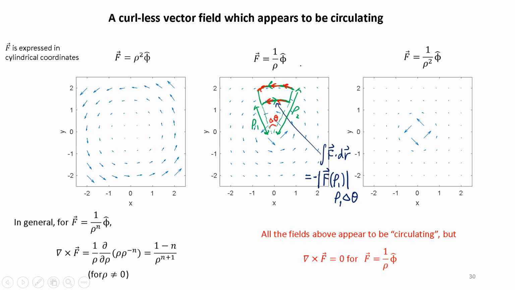Similarly, if I consider the integral of F dot dr for this bigger arc, then it would be this.